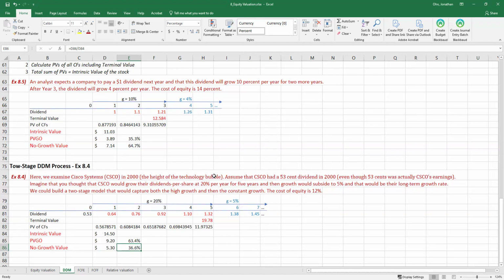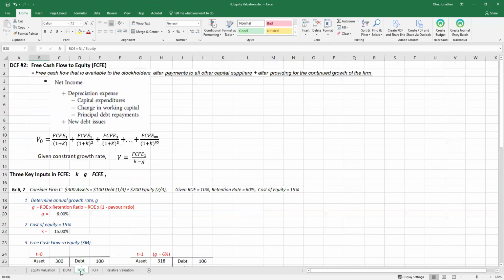Interesting, right? All right, let's move to the next one. This one, free cash flow to equity. Free cash flow to equity is the free cash flow available to stockholders after payment to all capital suppliers, debt holders and preferred stockholders, after providing for the continued growth of the firm.